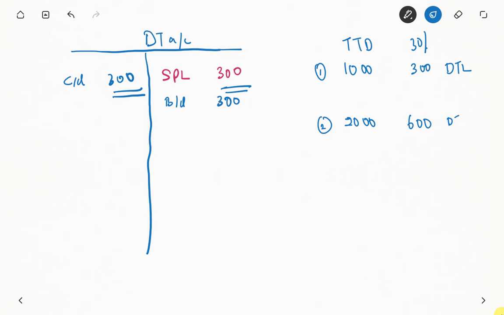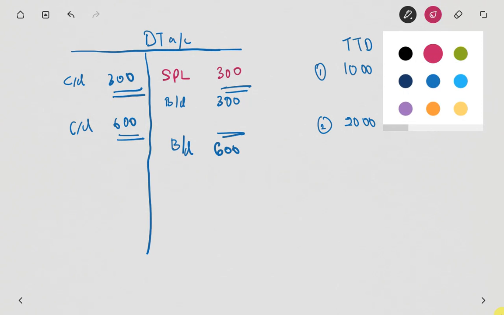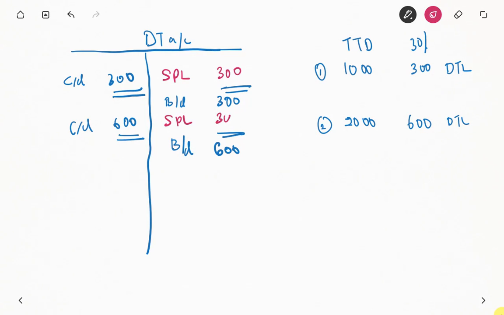So it's a DTL. In the second year, the liability will be here. From 300 it becomes 600, up by 300. Is it okay? Expense.